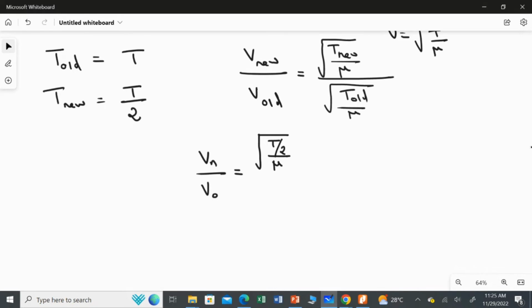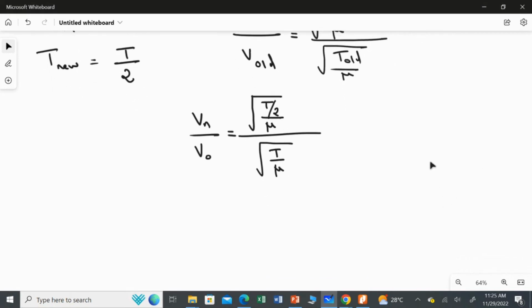This is the rule, right? Here I just wrote n for new and o for old. In place of the new tension we have to use half the tension, as they mentioned in the question, divided by the old, where I did not touch anything. I'm going to write it exactly as it is because we did not touch the tension, which is exactly T, right?